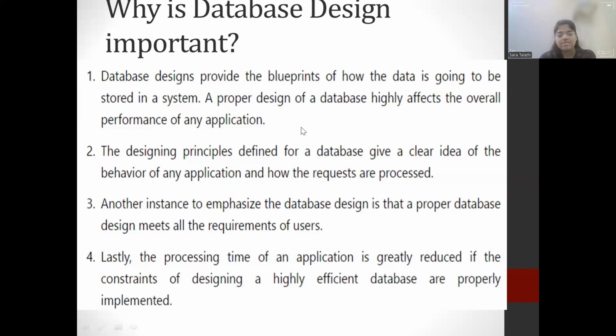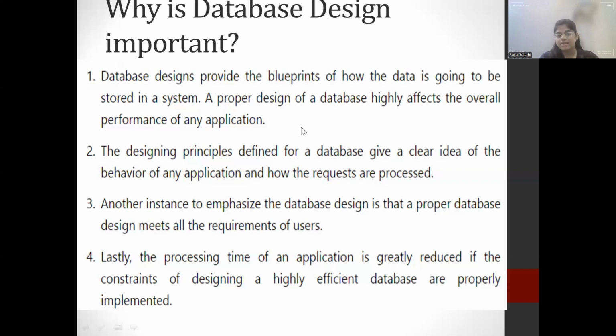Another instance to emphasize the database design is that a proper database design meets all the requirements of the users. The design dictates how applications behave based on the established principles, ensuring that they function optimally to meet the specific operational requirements, like the requirements which the user requires.